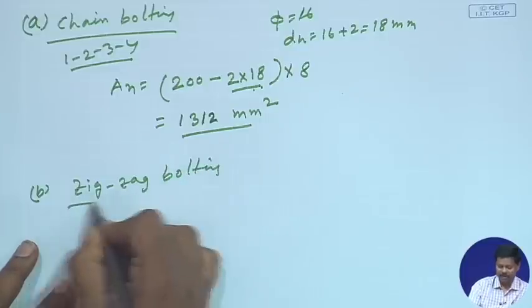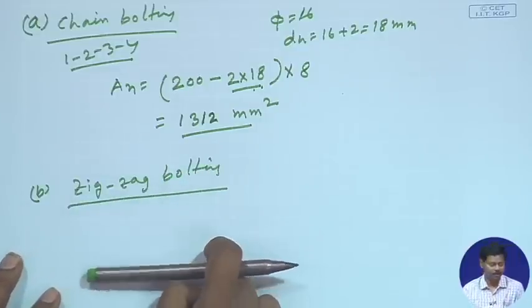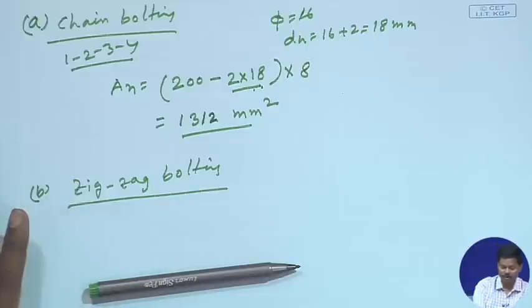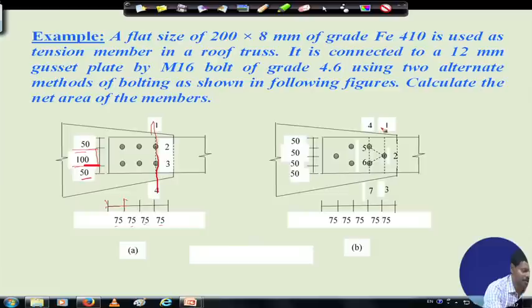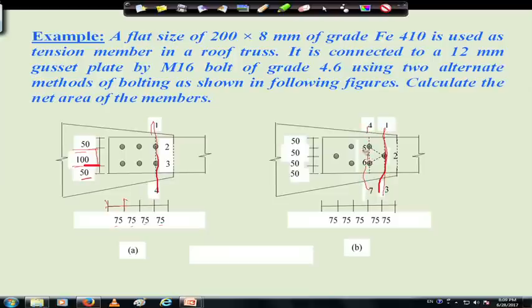In case of zigzag bolting there are several options in which it may fail. So, we have to be careful. One is you see that in line 1, 2, 3 it may fail. Then it may fail 4, 5, 6, 7, but if it has to fail 4, 5, 6, 7, also bolt 2 has to fail, this is one case.